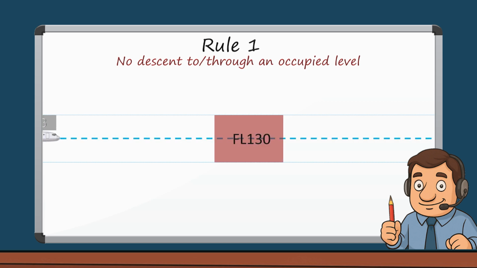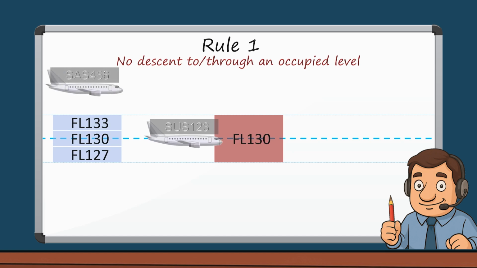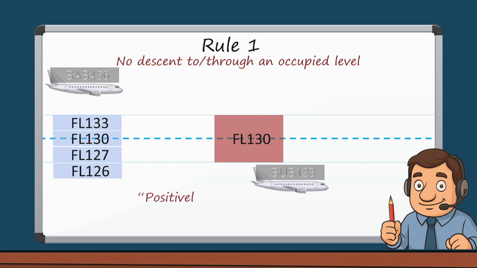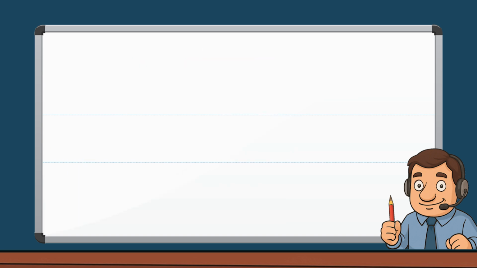Each level is, as you remember, surrounded by a 300 feet buffer. Here, for example, level 130 is from level 127 to level 133. So in order for Scandinavian 456 to descend, SunScan 123 must first vacate his level, meaning more than 300 feet away, and positively confirmed in the descent, meaning a downward arrow. This should be pretty easy to understand at this point. Don't forget it.